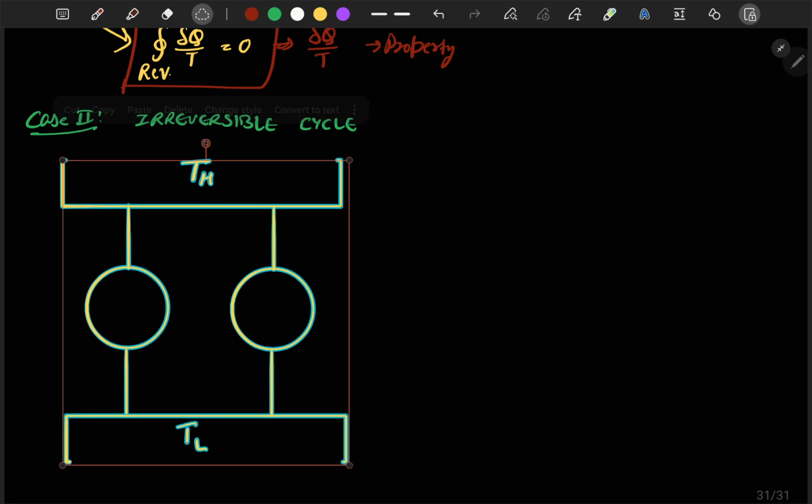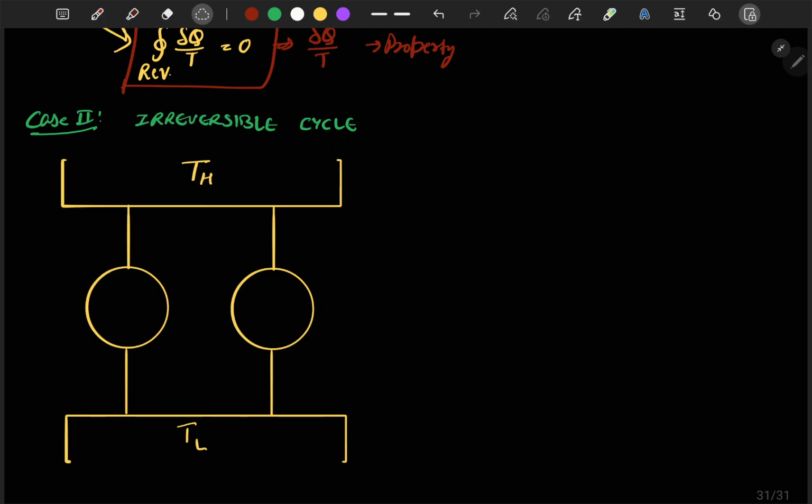So for the irreversible cycle, we have considered this figure. Let's say we have a reversible cycle and an irreversible cycle. This is E reversible, this is E irreversible. Q1 amount of heat is absorbed and Q2 is released, and the work produced by the reversible engine is W reversible. Similarly, the irreversible heat engine also receives heat Q1 and rejects heat.